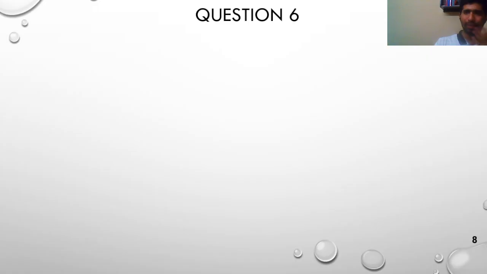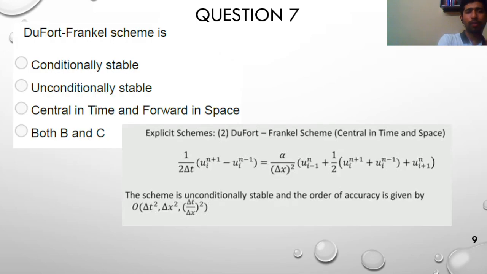Now, related to this is the next question. The Dufort-Frankel scheme: if you do the von Neumann stability analysis, which I explained to you some time ago, you see that this particular scheme is unconditionally stable.